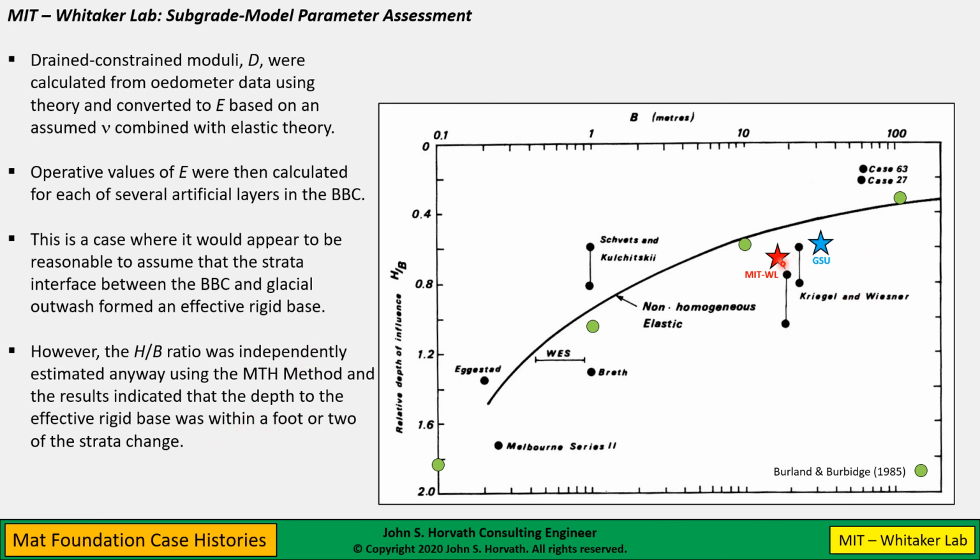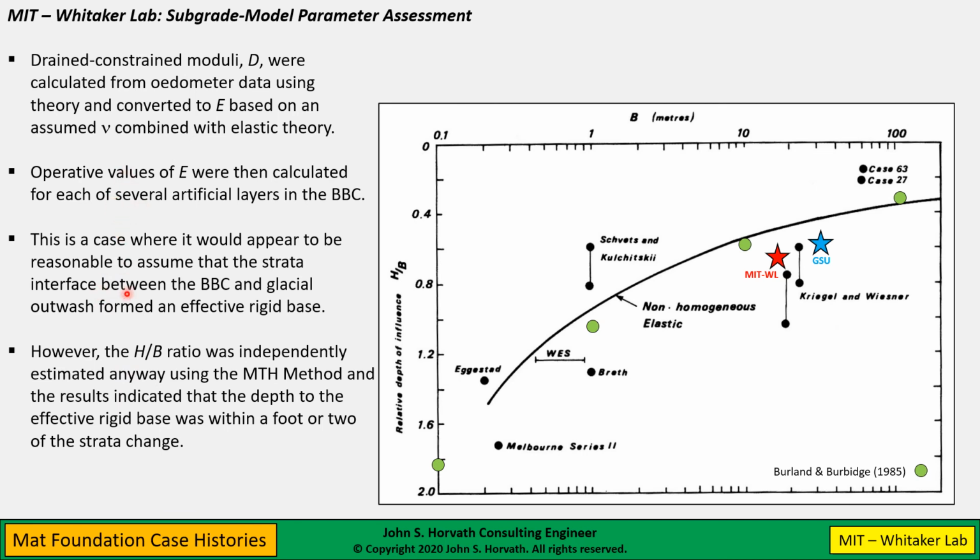And you see that here's the effective rigid depth plotted up on the Berlin-Burbage plot, updated. Again, fits in pretty well with the other data. Here's the Georgia State University Building B we looked at previously, and here's the new piece of data. So you see it all fits together pretty nicely, actually.